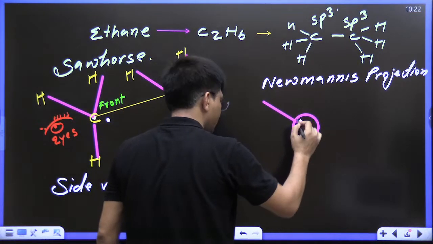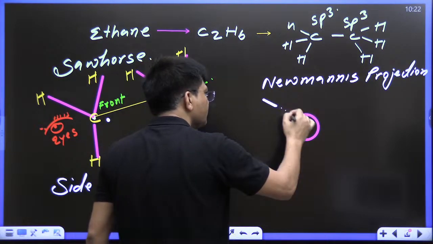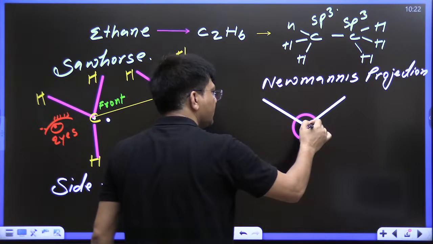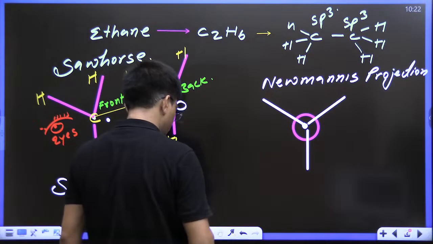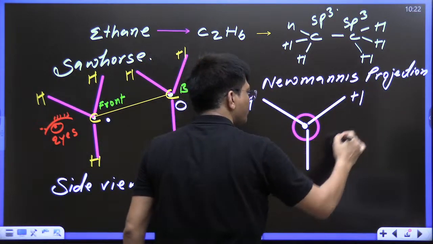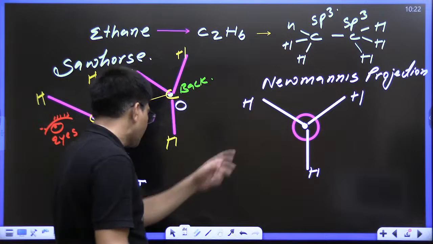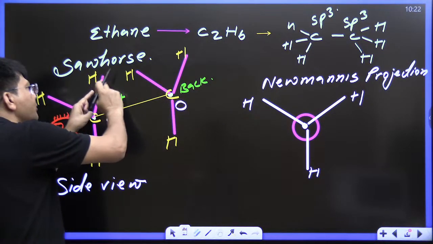This is Y. Let me draw with another pen. This is the front carbon. On the front carbon, these are 3 hydrogens: 1, 2, 3. And on the back carbon, just behind the hydrogen, there is hydrogen.